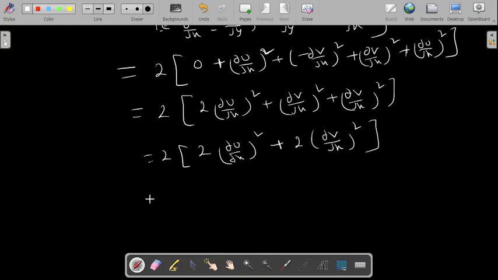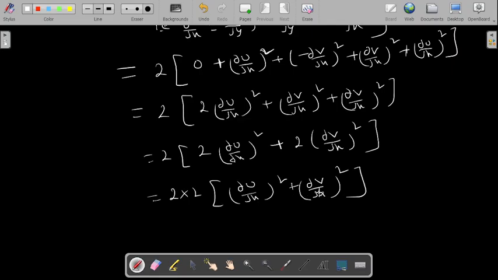So now these 2 common. So what will we get? 2 into 2, (∂u/∂x)² + (∂v/∂x)². Wait a minute, 2 into 2 common, (∂u/∂x)² plus (∂v/∂x)².